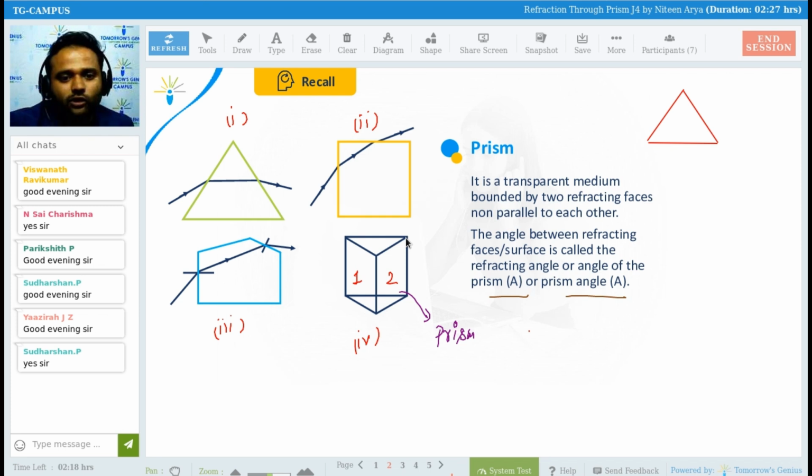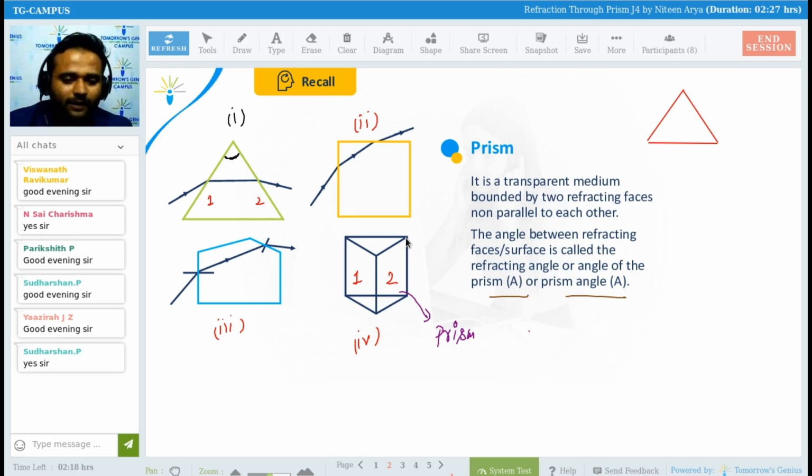In normal books we see that particular image of a prism, but in general the prism is not in that shape. This is the fourth kind of shape. This angle is between the two surfaces, and they are not parallel to each other.